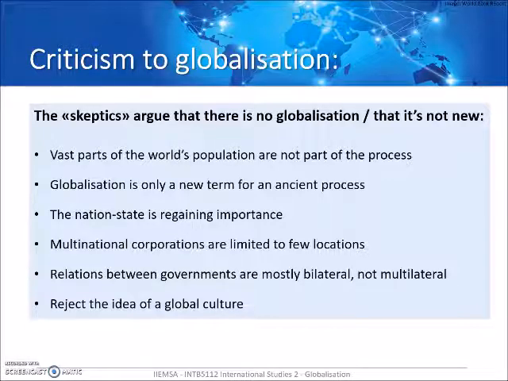And then there are also people who completely reject the idea of a global culture or a globalized culture. This is something we'll look at in week 3 when we look at the globalization of culture. So this is some of the criticism towards the concept or the understanding of globalization that is currently out there.